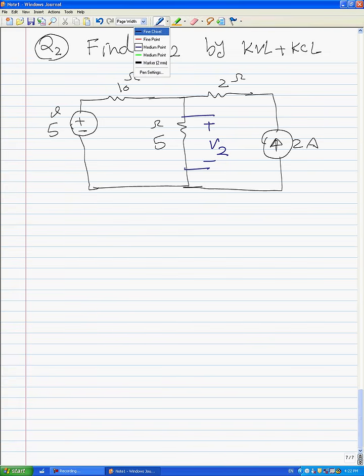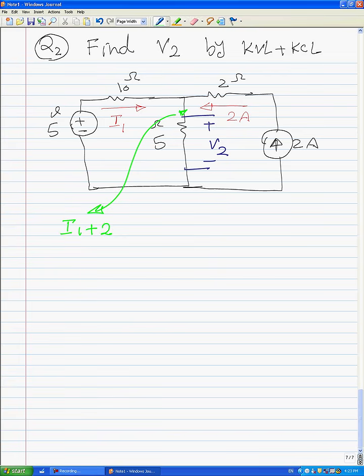Again, we are defining current here like I1, and we have current here 2 amps. KCL says this current is equal to I1 plus 2 amps.